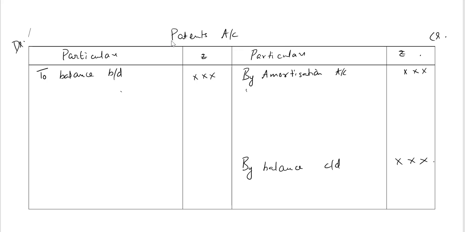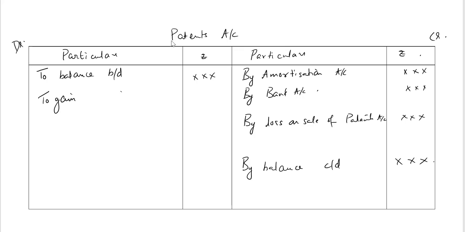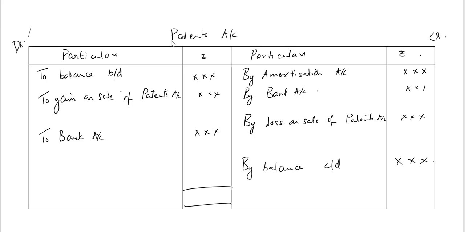For sale of patents, by bank account, in case of loss on sale, by loss on sale of patents account. And for gain on sale, to gain on sale of patents account. For purchase of patents, to bank account. And the account balances.